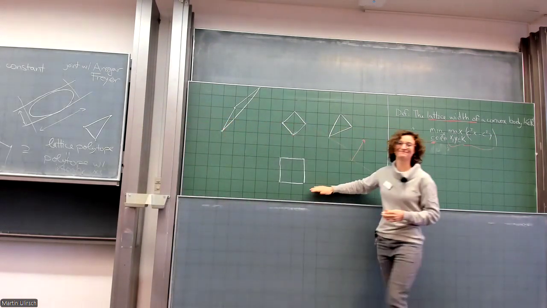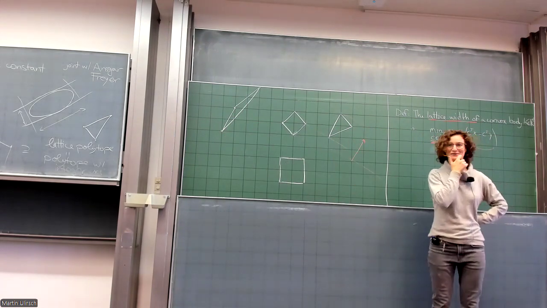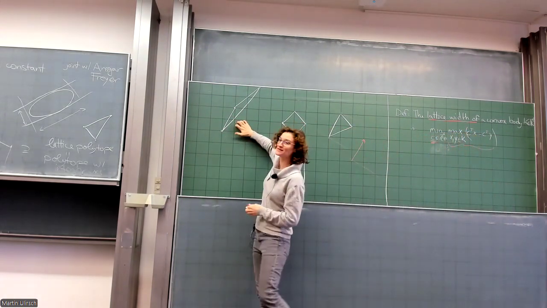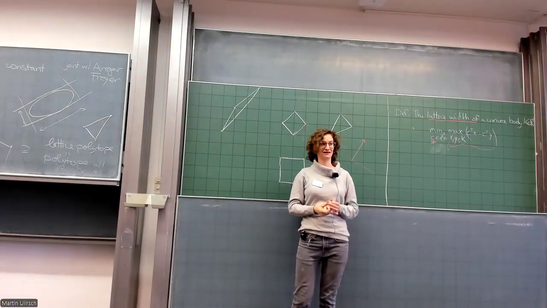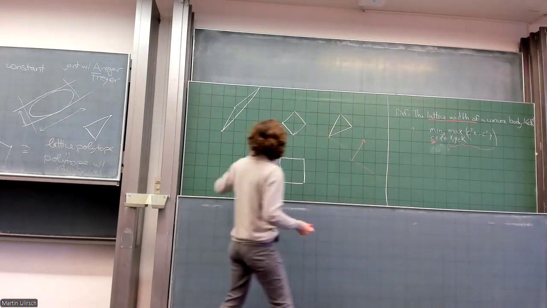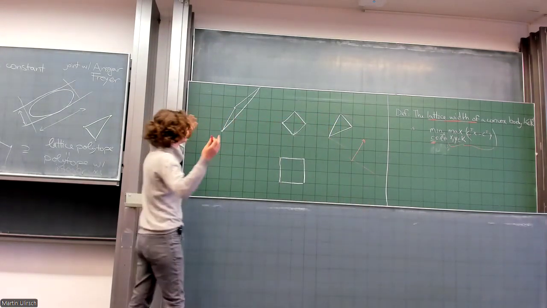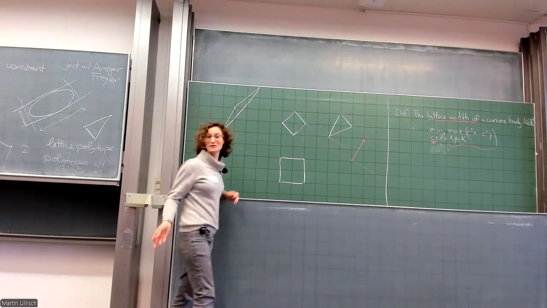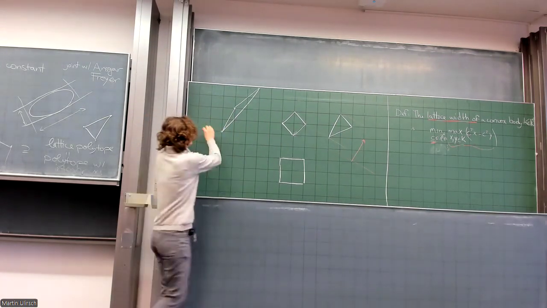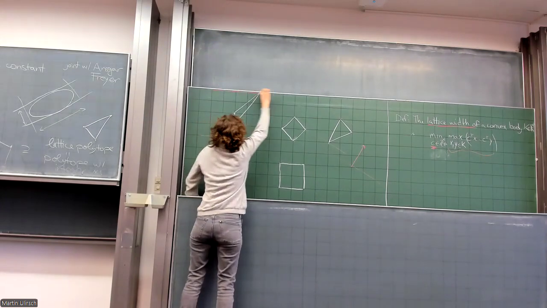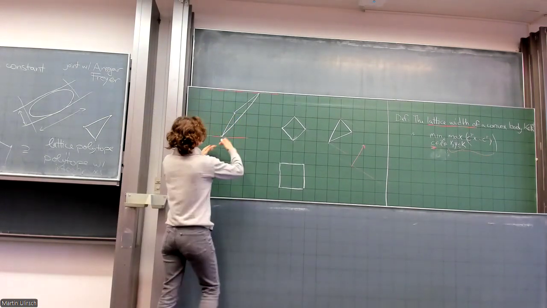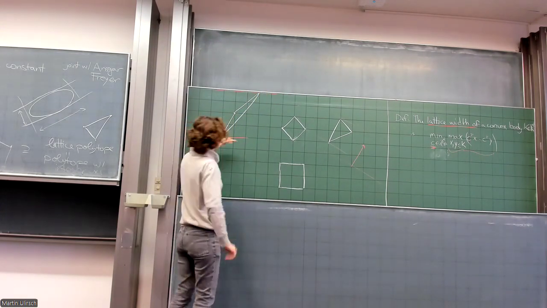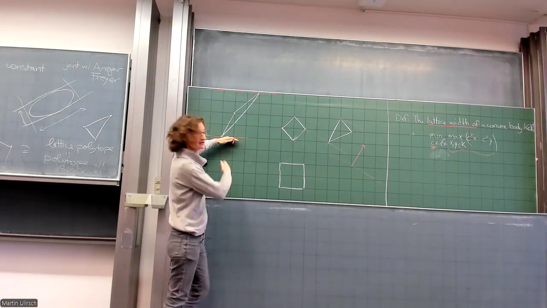Lattice widths. Example. What's the lattice width of this guy here? Well, let's pick a direction. I have to check all of the possible directions. Let's pick some direction. If I take, say, this direction here, this is the maximum, this is the minimum. I would have to check what value I have on the right-hand side here.